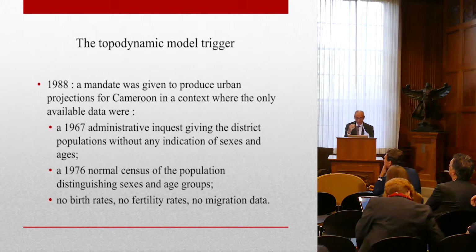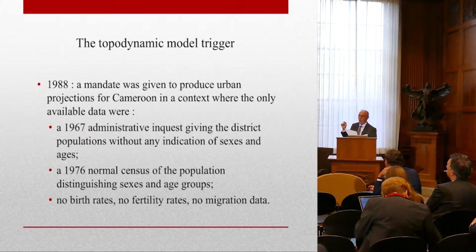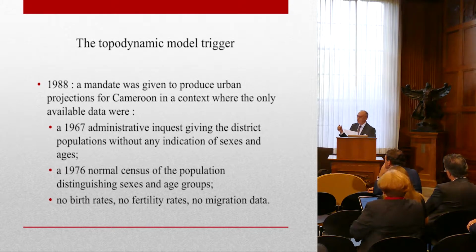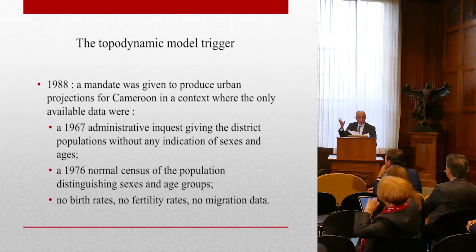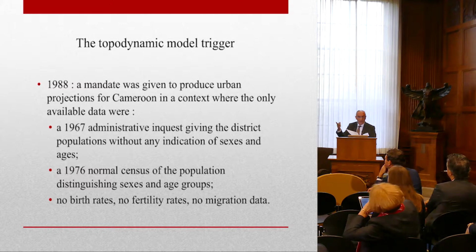A few years later, I was given a mandate to produce urban projections for Cameroon in a very difficult context. The only available data were the following. We had an administrative inquest of 1967 giving the population of the various districts without any indication of sex or age.